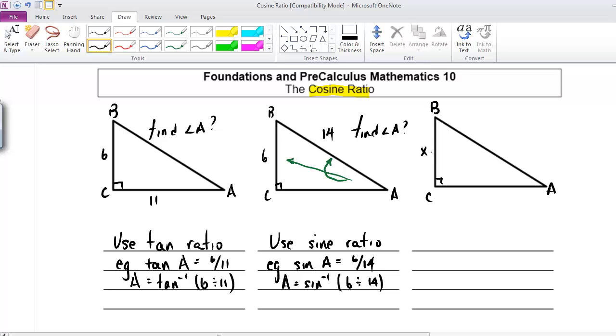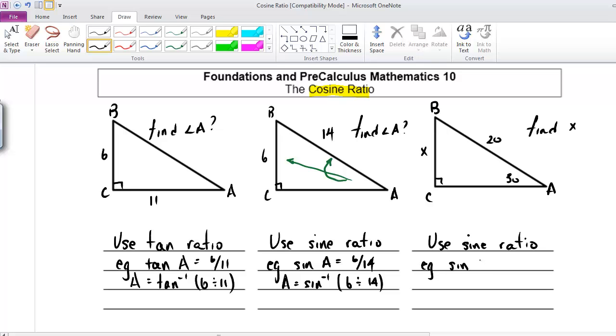And if I wanted to find side x in this question, well, again, what do I have? I have an angle, I have a hypotenuse, and I want the opposite side. So as with your homework, classwork, textbook work from the last section, we use the sine ratio.